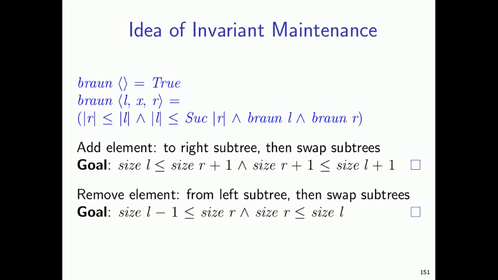So this is the idea of how to maintain the invariant in Braun trees. For insertion we insert to the right and then just swap the two subtrees.